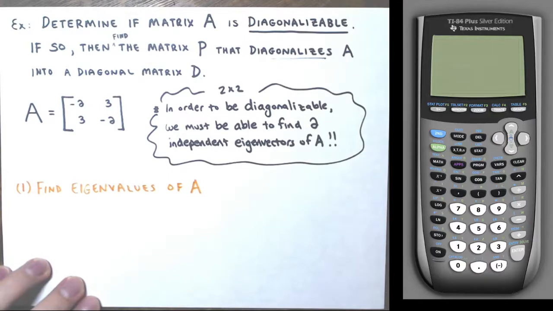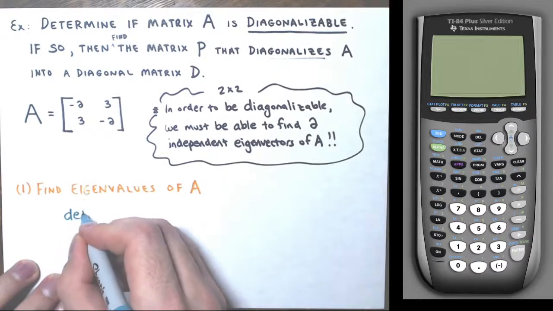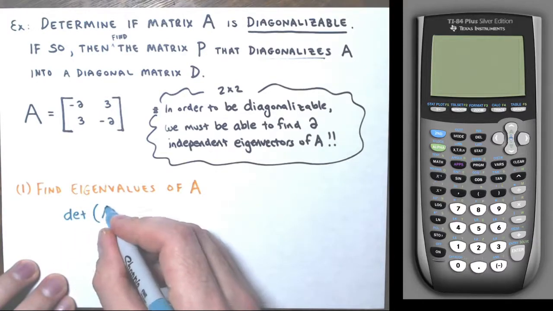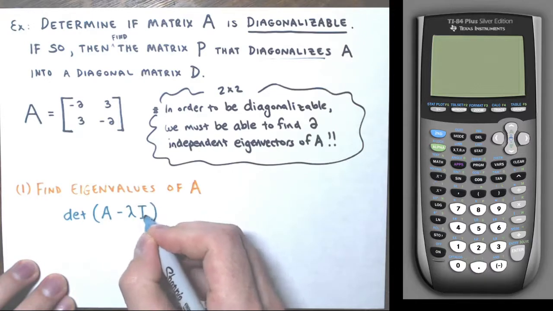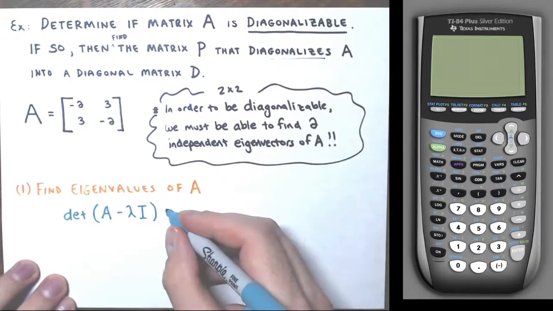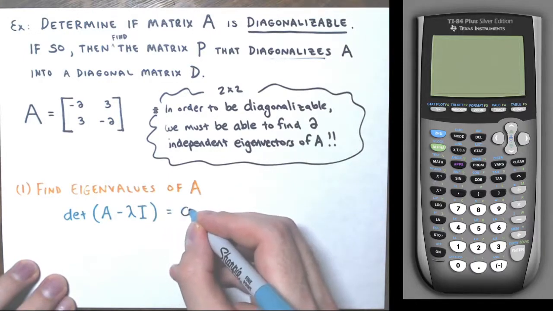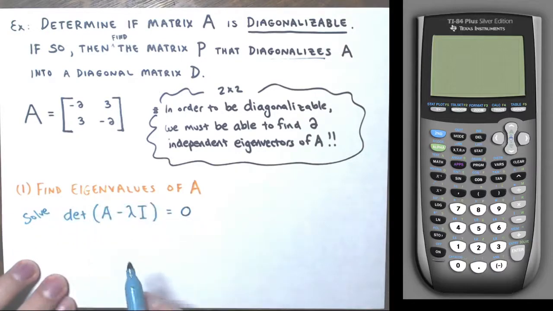And hopefully you recall how to do this. This was, solve what's called the characteristic equation for matrix A. That was, when is the determinant of the matrix A minus lambda I, where I was, in this case, the 2 by 2 identity matrix, equal to 0? You're solving this for lambda, finding different values of lambda that make this true.